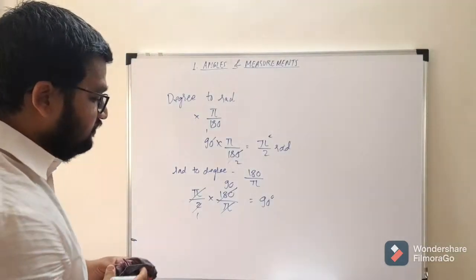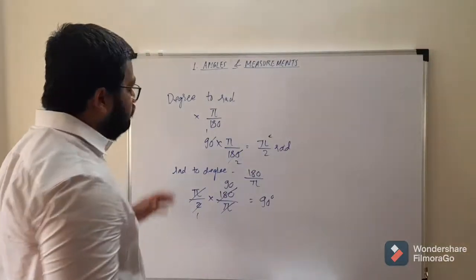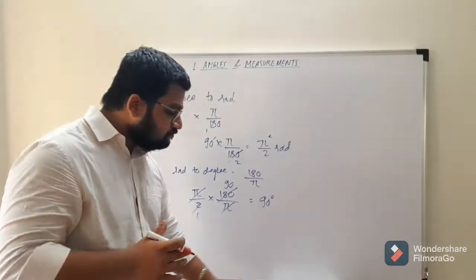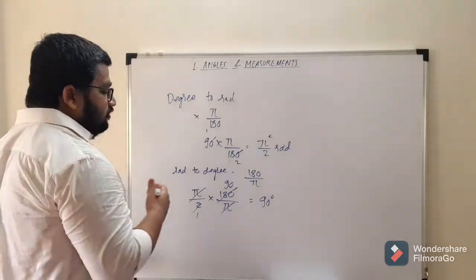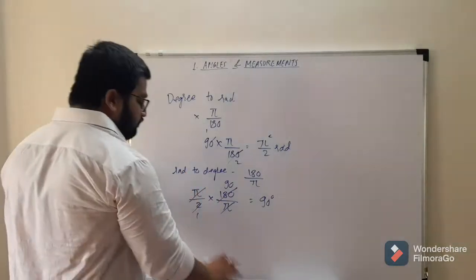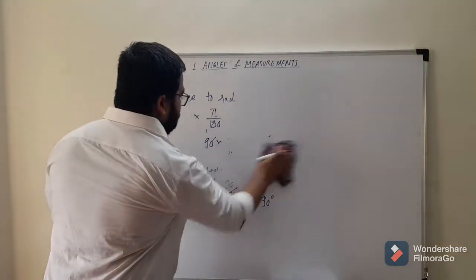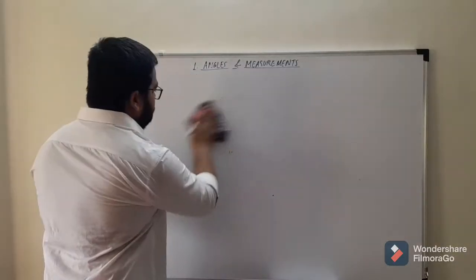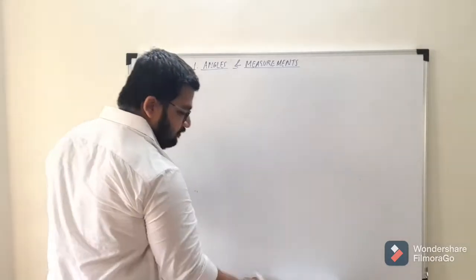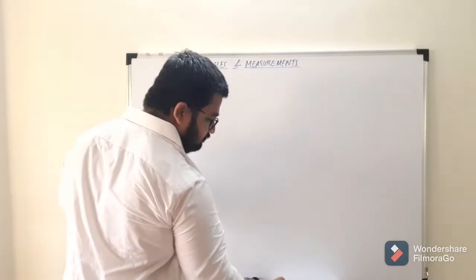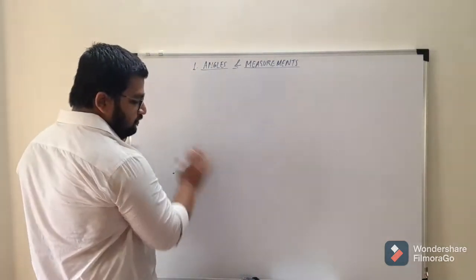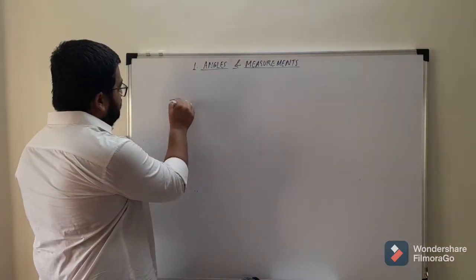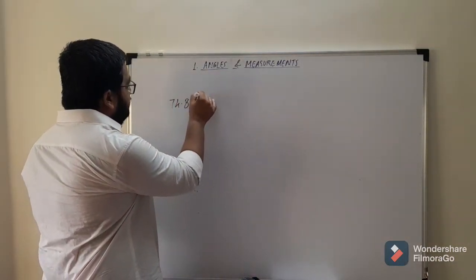The next part we'll see now is the conversion of degrees to minutes and seconds. So how to convert a degree into minutes and seconds? Suppose they have given the value of, let us say, 74.87 degrees.